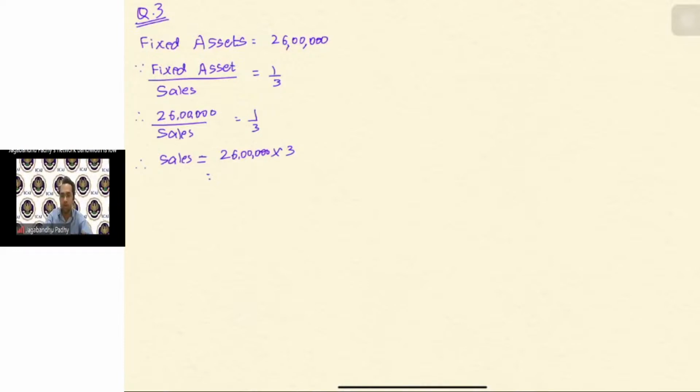Right? Voice lag. 78 lakh. Okay, there's a network issue.